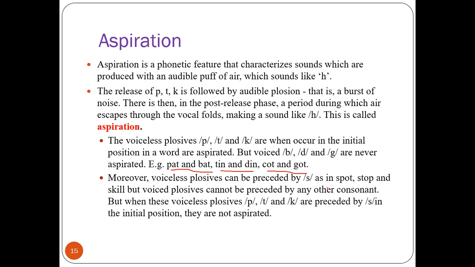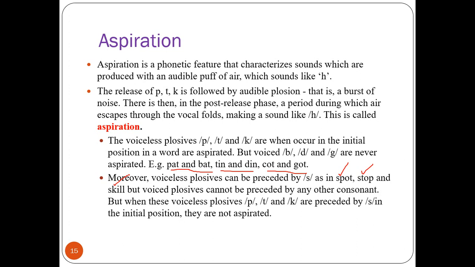It is in the system. The phonological system of the English language allows the sound s to occur before the voiceless plosives: before p we can have s, before t we can have s, and before k we can have s. And this is another way to make a cluster of two consonants.